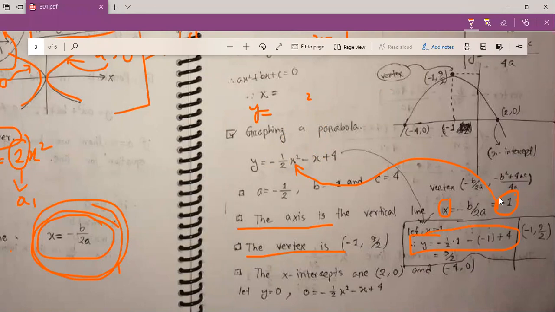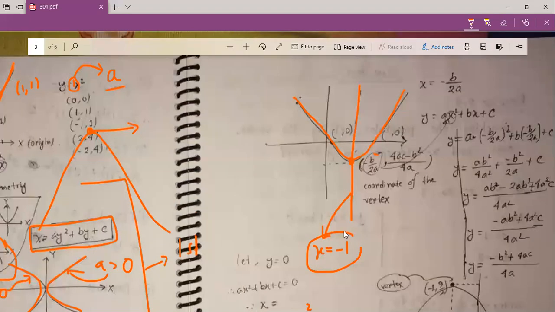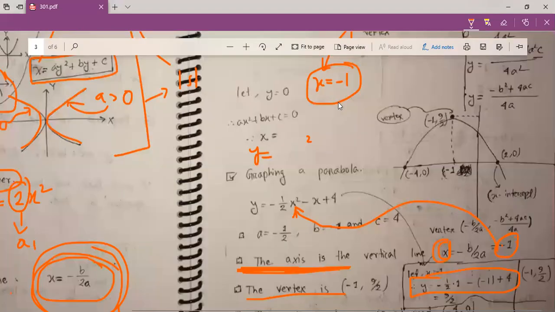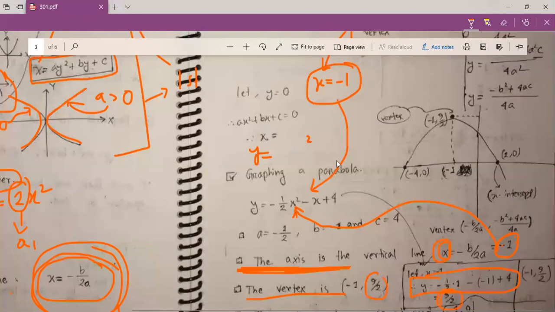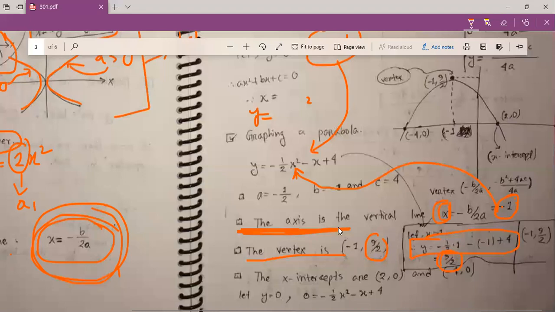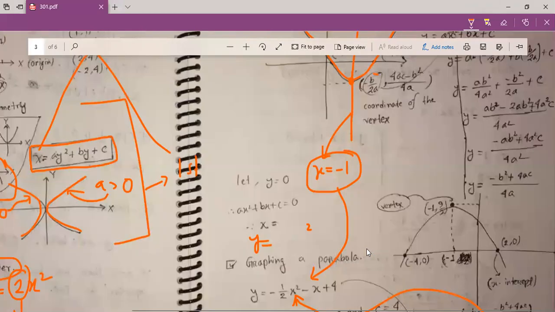We just put this value of x, which we found from this equation, since the axis is vertical. So if we input this -1 in this equation, then we will find 9/2. You can see here 9/2, and this coordinate pair, (-1, 9/2), is our vertex.